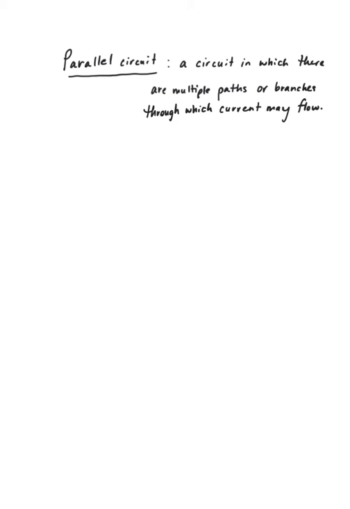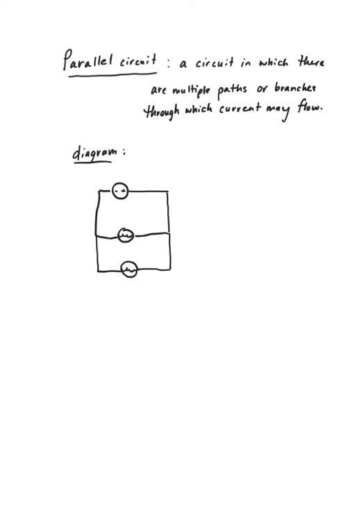In a parallel circuit, there are multiple paths or branches through which current might flow. In depicting a diagram for a parallel circuit, we might see something that looks like this. A battery that produces some voltage, but that voltage could go down one of any 2 paths, either to illuminate the first light bulb or the second one that we placed in our circuit.